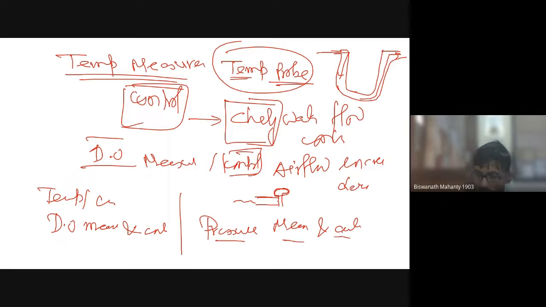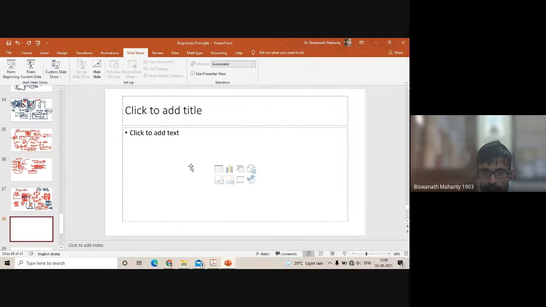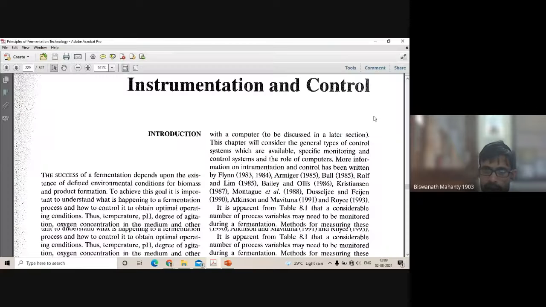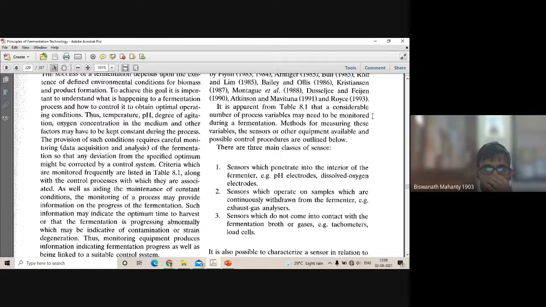These are the primary things we will focus on. We'll also talk about some design and dimensions, but not in mechanical detail. Now I'll show the textbook component: what different kinds of sensors and controllers there are. When we talk about a sensor, that means it is going to measure something.